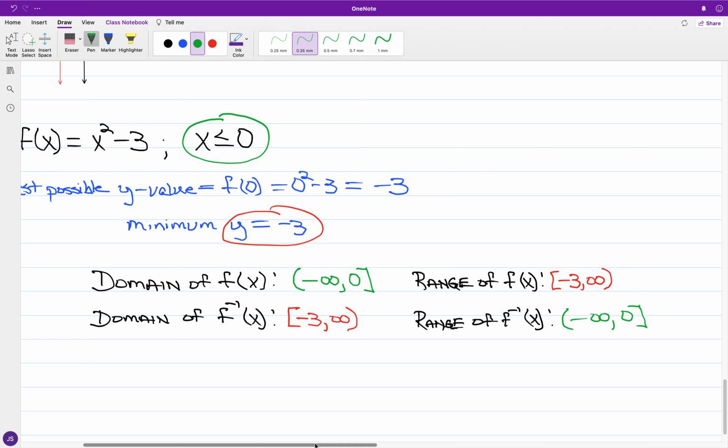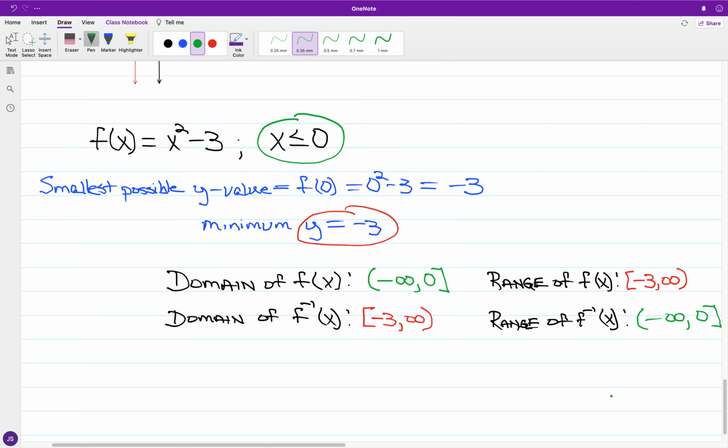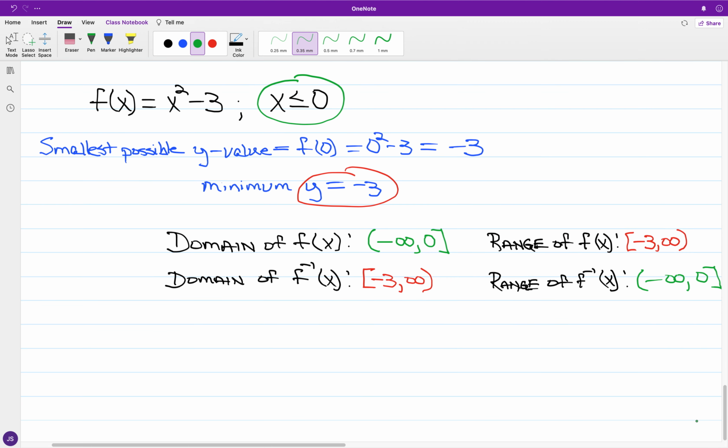Okay, all right, so in the case of looking at the inverse, we have starting out with f of x equal to x squared minus 3.